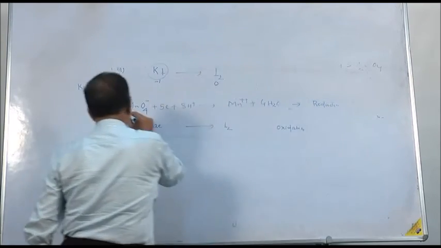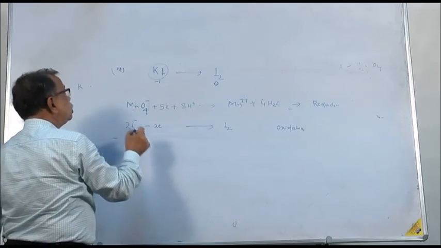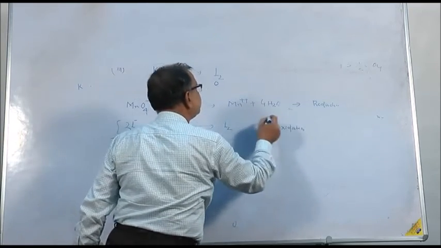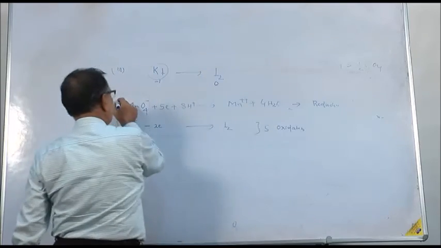Here this acts as an oxidizing agent. Multiply by 5 and multiply by 2.